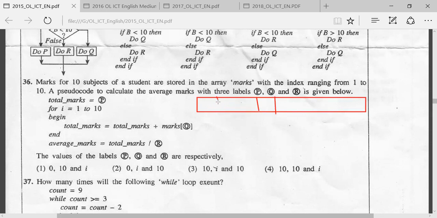Right? 1, 2, 3, 4, 5, 6, 7, 8, 9, and 10. And also they are saying the array index is starting from 1 to 10. So this is 1, this is 10.